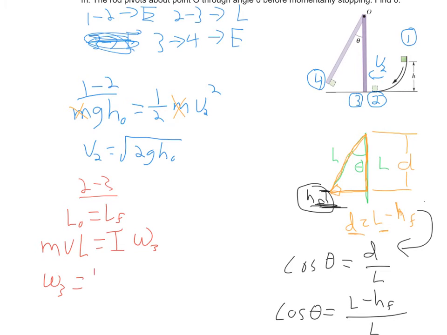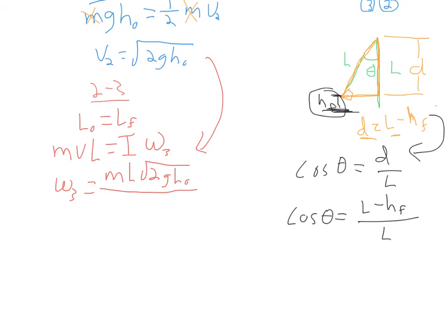We know M, we know L, and V we found right up here. We can plug this V in, so that's the square root of 2gh initial, all divided by I. Well, that's cool. What is I? That's what we need to figure out.